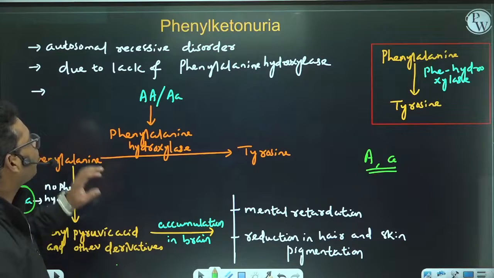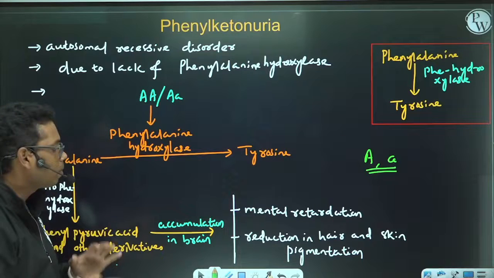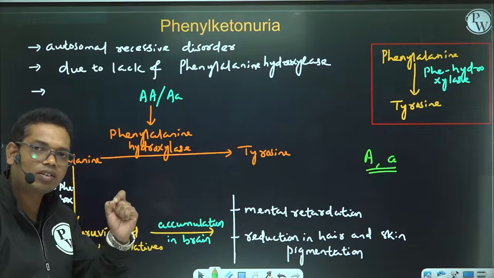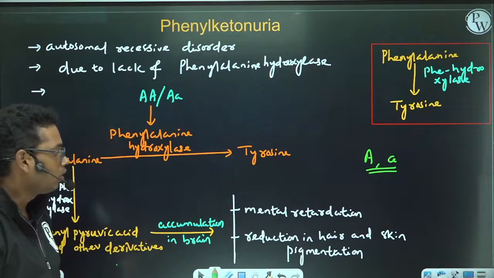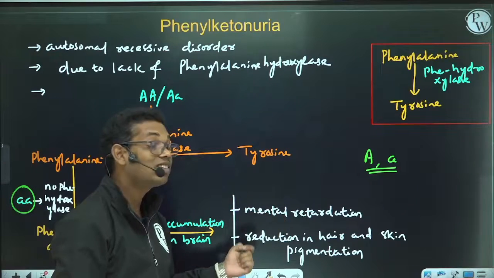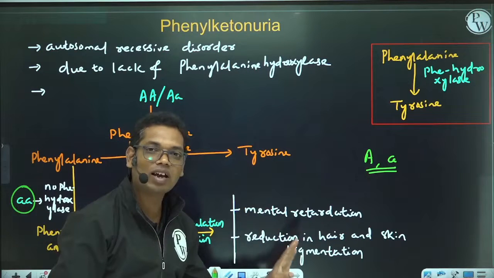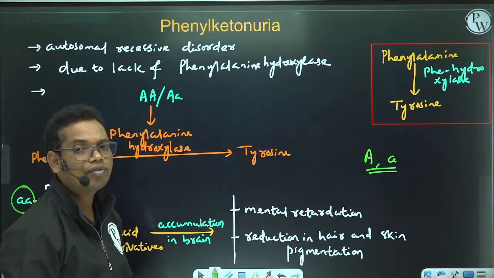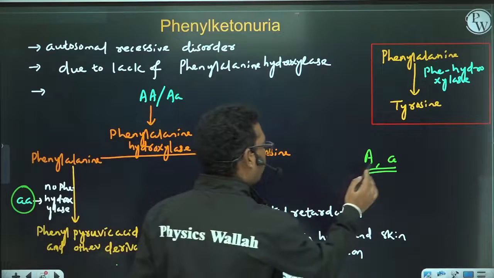So this is what happens in phenylketonuria. Clear? You can see in phenylketonuria I'm affecting only one gene, and it is affecting mental ability and pigmentation. So one gene is affecting different types of characters or phenotypes. That is why this is an example of what? Example of pleiotropism.